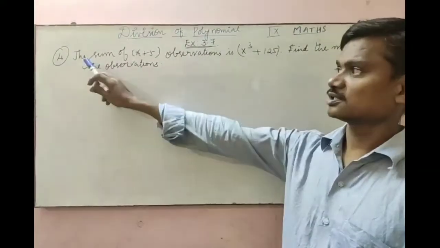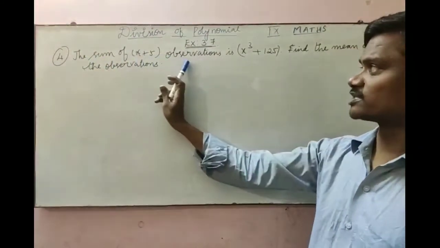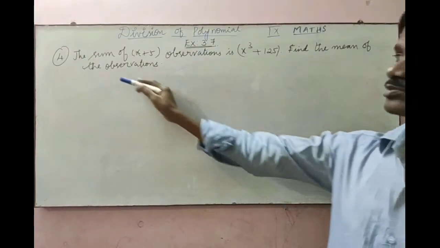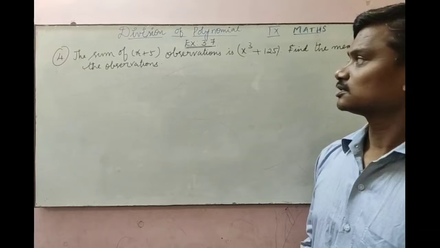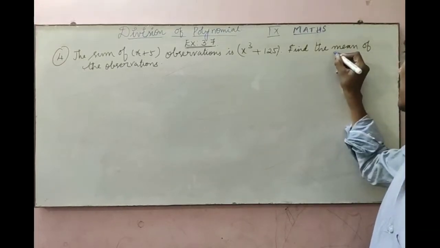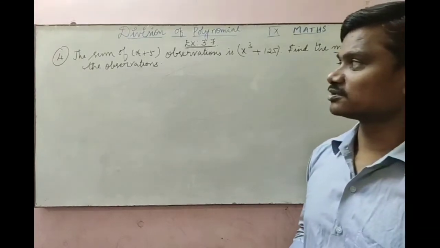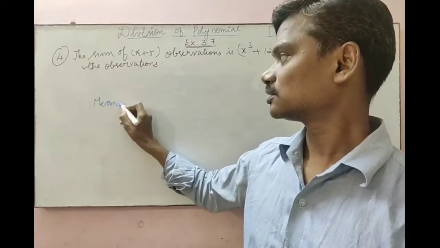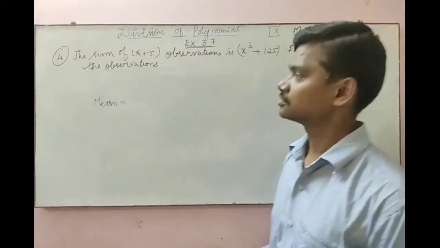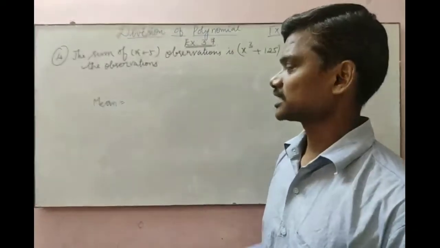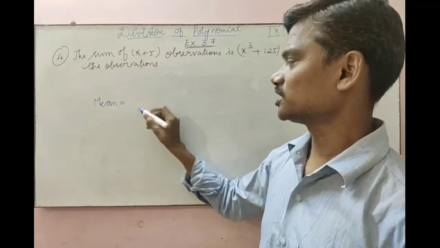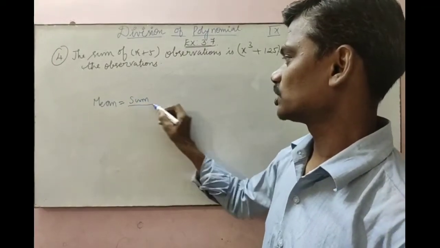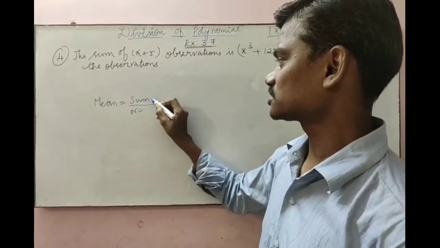The fourth sum: the sum of x plus 5 observations is x cube plus 125. Find the mean of the observations. Here you have to find the mean of the observations. What is the formula to find the mean? We studied in statistics, data handling. The mean is equal to the sum of observations divided by the number of observations.